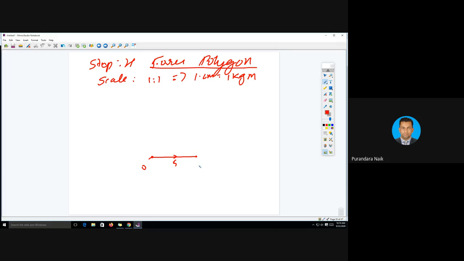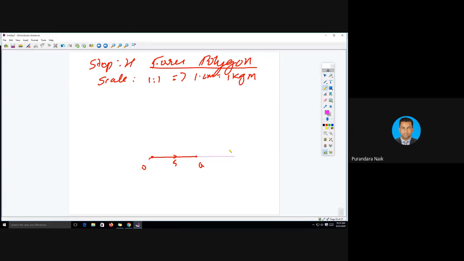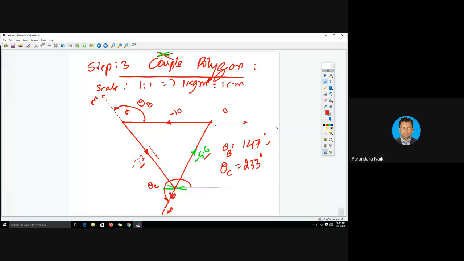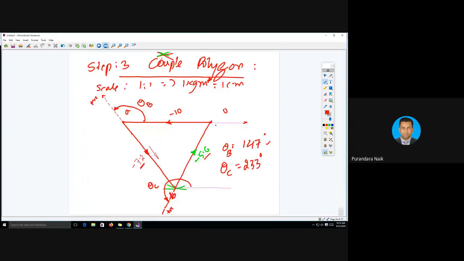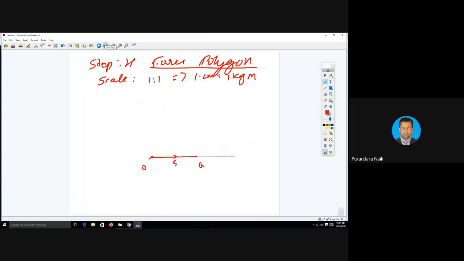This is point A. And theta B is 147. The corresponding length is 6 centimeter.